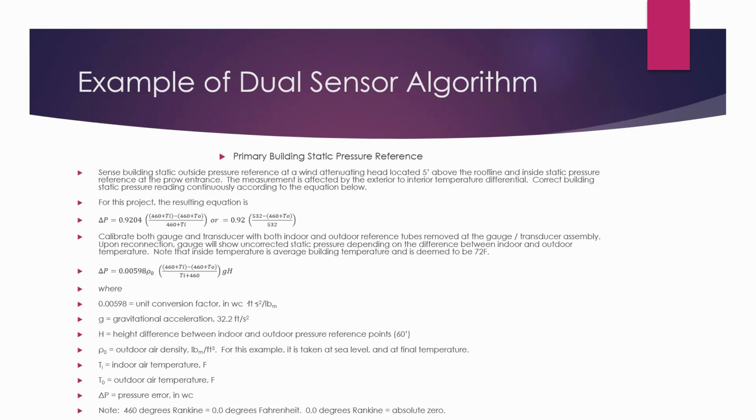The metric system is maybe slightly easier because it doesn't have a gravitational acceleration in the system, but anyway, that's what I use. And you also need to use an absolute zero temperature scale. In this case, it's Rankine. So that is the equation.